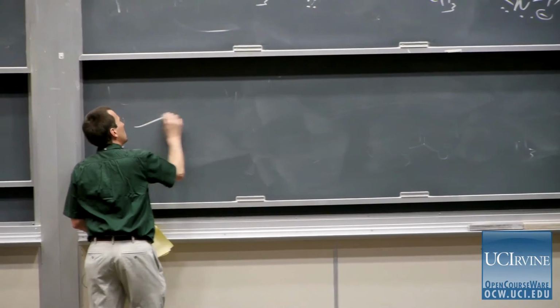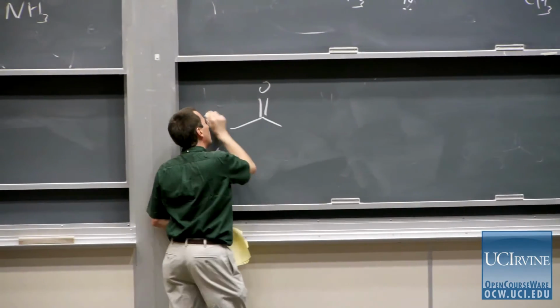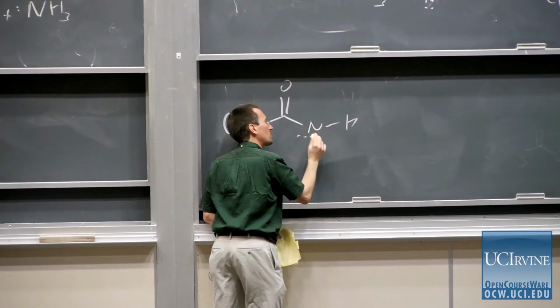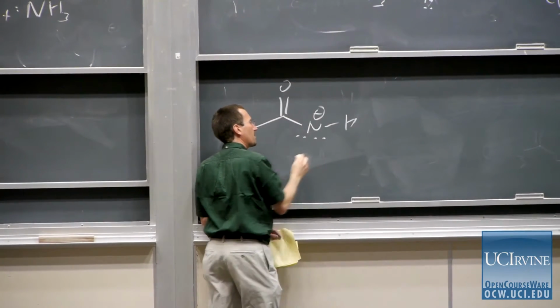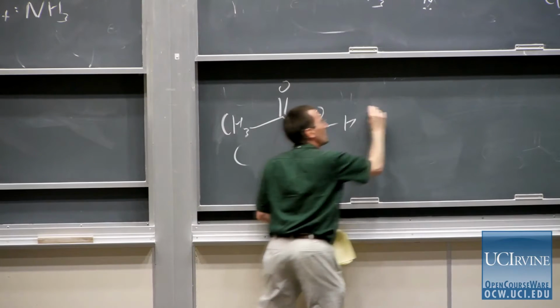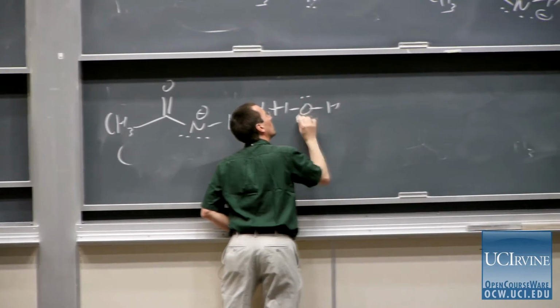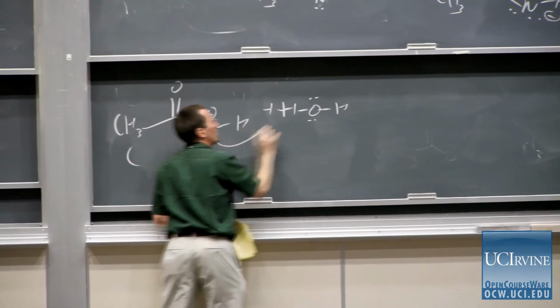I'll draw this explicitly. It's nice to be able to pick and choose the resonance structure that you want when you're writing a mechanism. And so our last step here is going to be protonation.